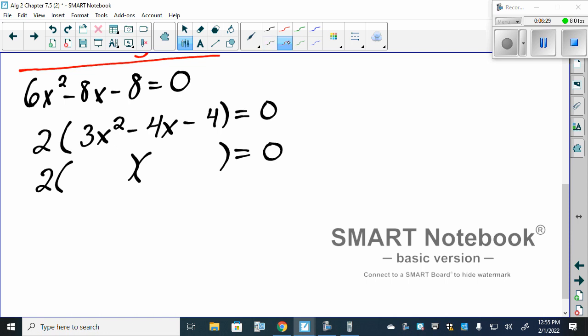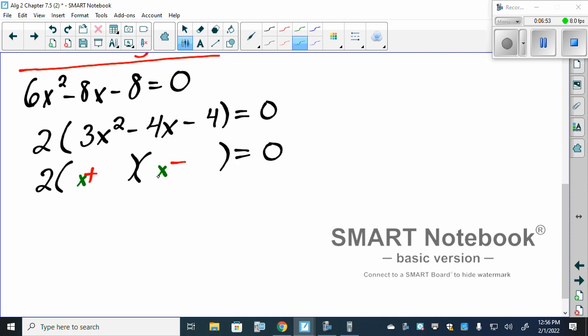Now the first thing we need to look at is the signs. Since the 4 is negative, our constant term 4 is negative, our signs are going to be opposite. One is positive and one is going to be negative. Now we need to find the factors of 3x squared. 1 and 3, and we'll have x and x.